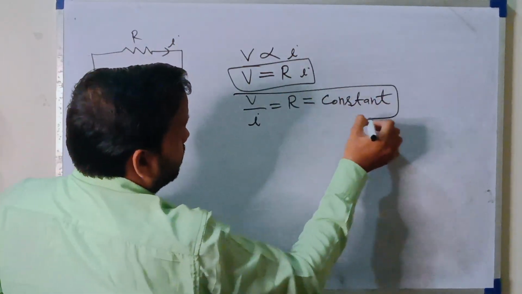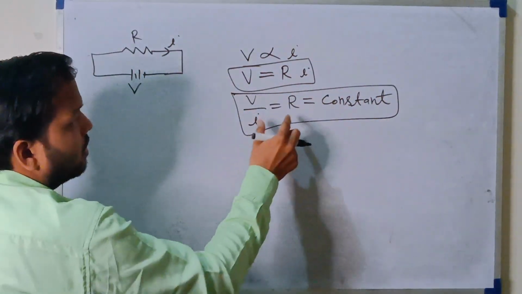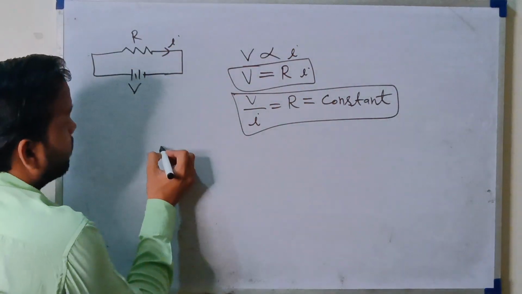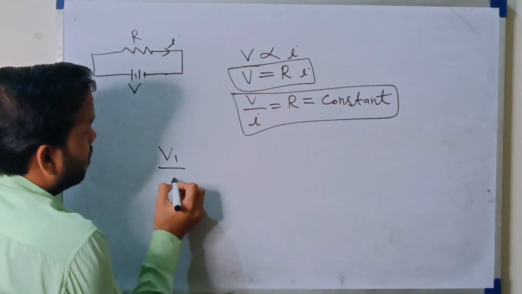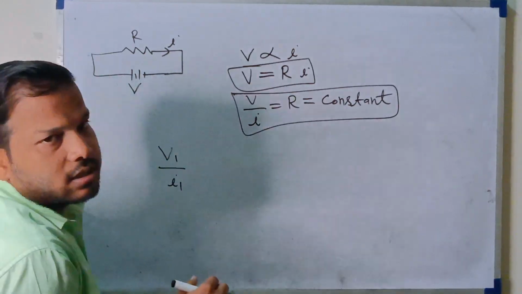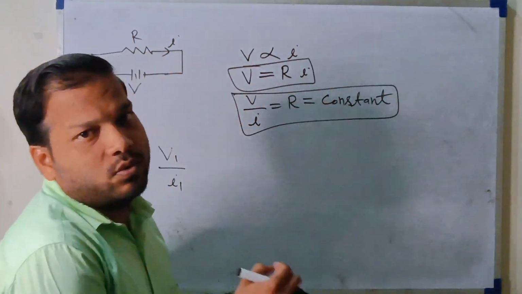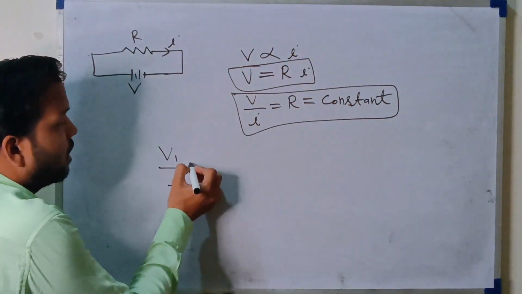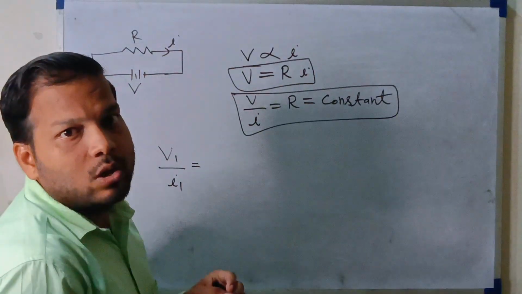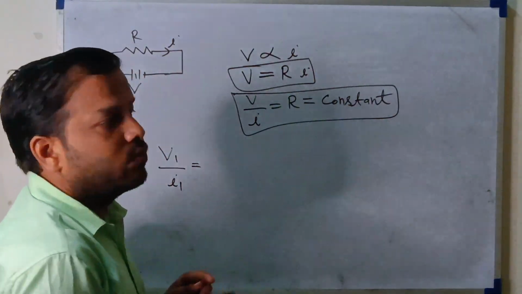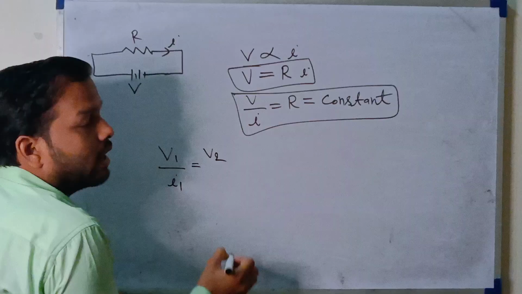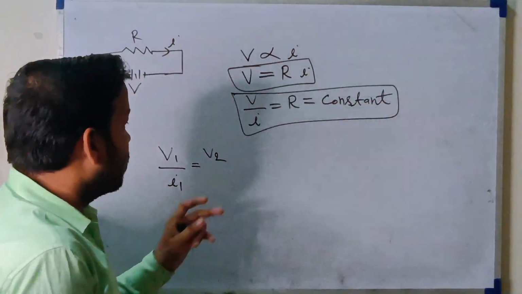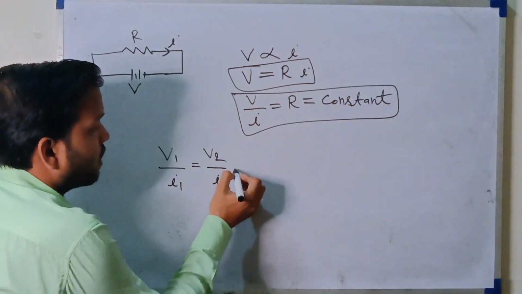Now, what does it mean? This relation says that V1 upon I1: suppose in this circuit a particular value of voltage is V1 and the corresponding current is I1. Now we change the value of voltage to V2, and the corresponding current for V2 is I2.